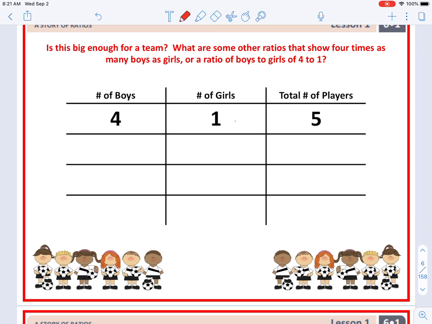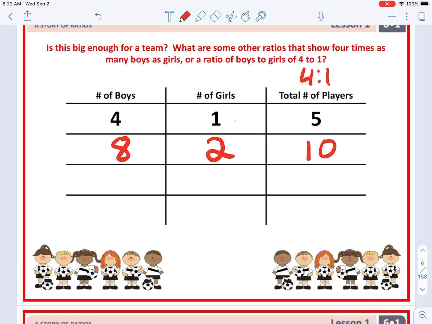All right, you should have extended your rows. Now, this ratio 4 to 1 is telling us for every 4 boys, there's 1 girl. Okay, so now let's count up by 4s then. Now, if there are 8 boys, there's got to be 2 girls. Okay, and the total number is 10.